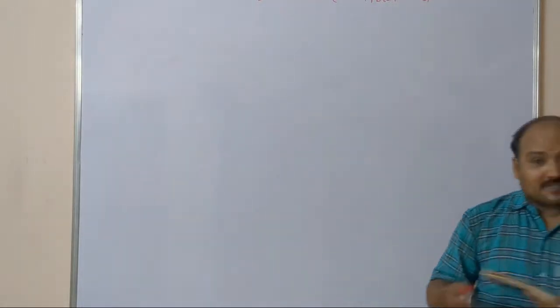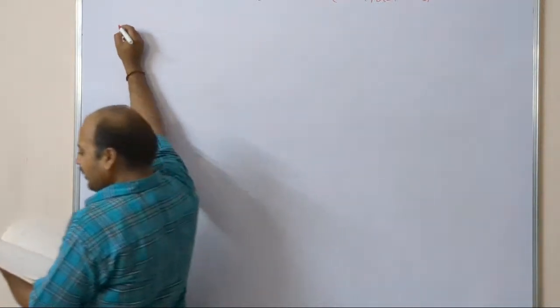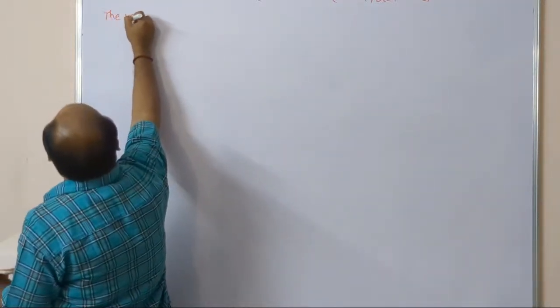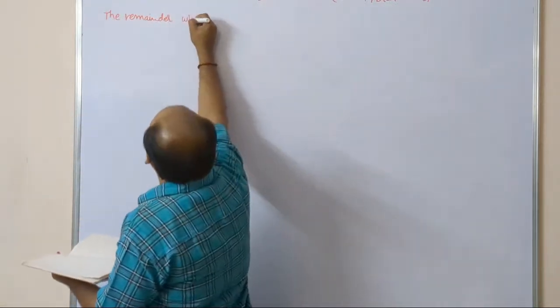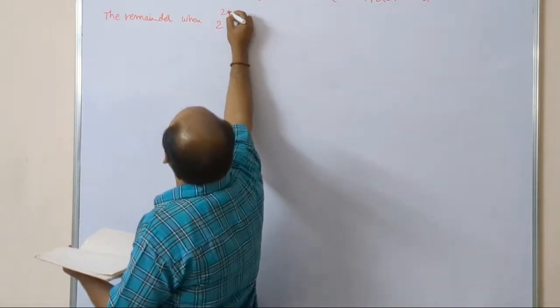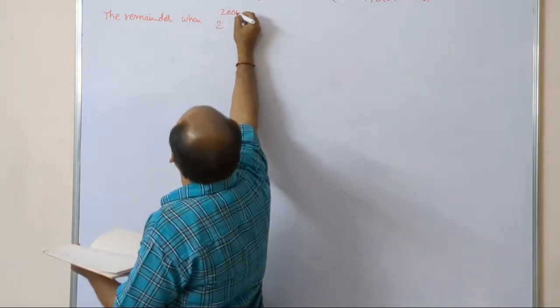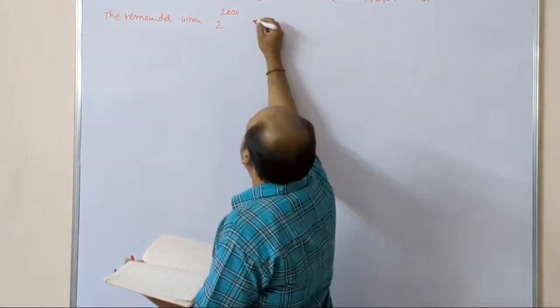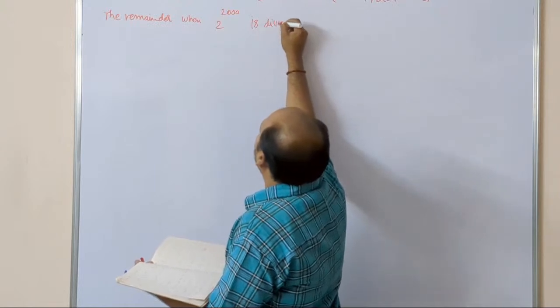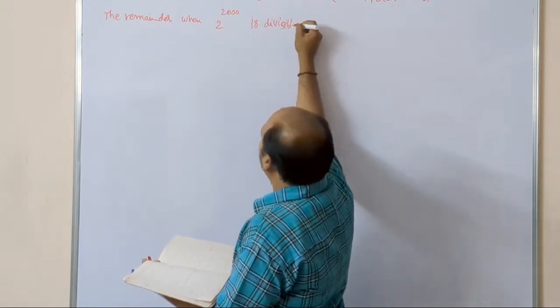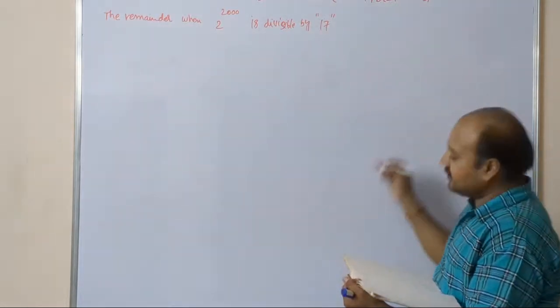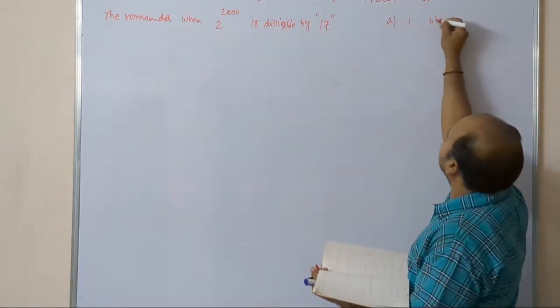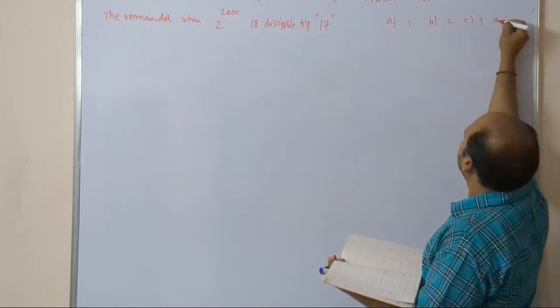Nowadays they are asking this type of question also. The remainder when 2 power 2000 is divided by 17. The question is like this, options 1, 2, 3, 4.